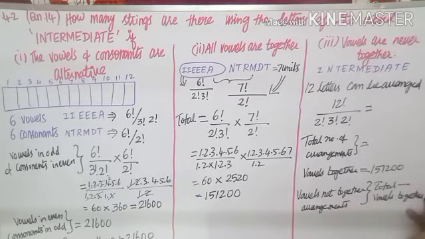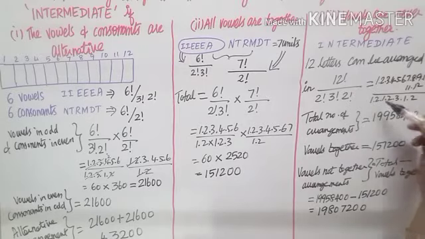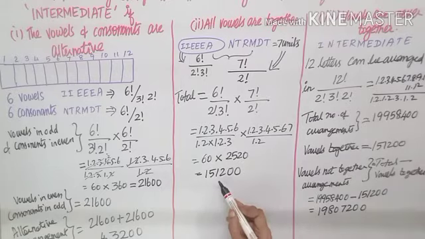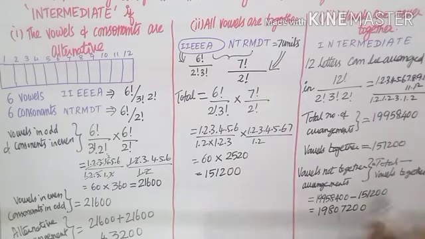Simplify the answer. We get 19807200. Be patient enough to calculate by cancelling 2, 3, 2 factorial. The remaining you need to multiply, from which you subtract the second subsection, that is the vowels all together. As I subtract, we get the number of cases when the vowels are not together.